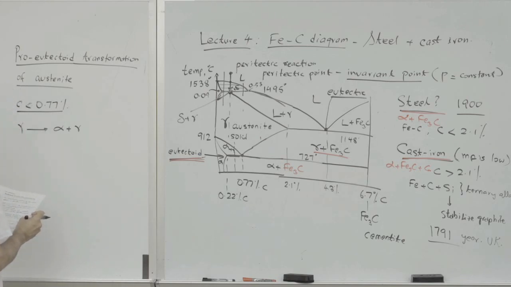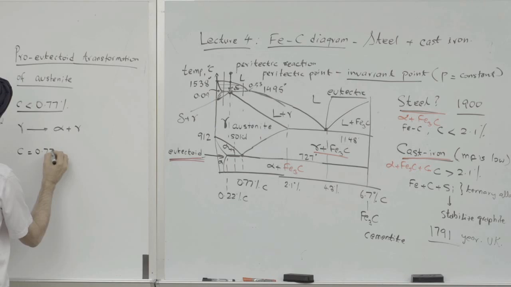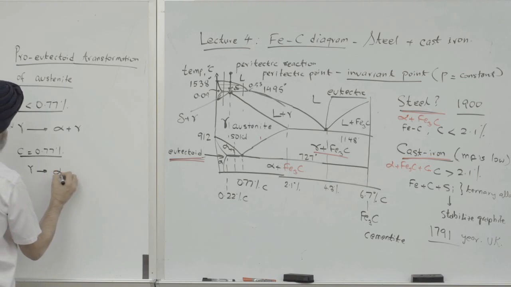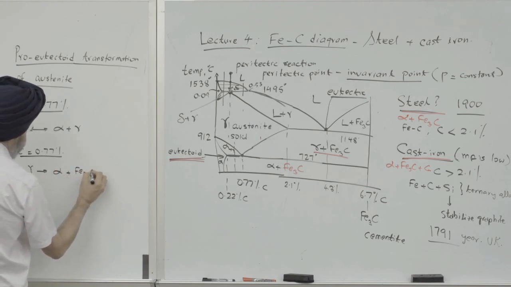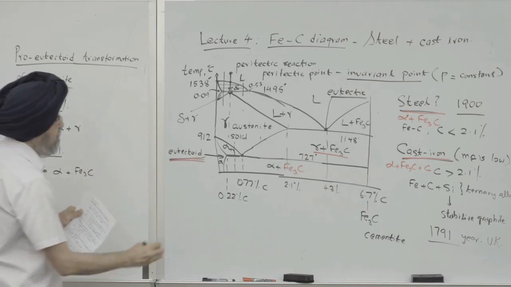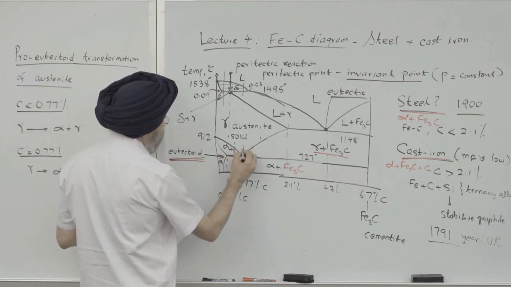And if we have carbon equal to 0.77%, then the gamma transforms directly to alpha plus Fe3C. That's the eutectoid point.